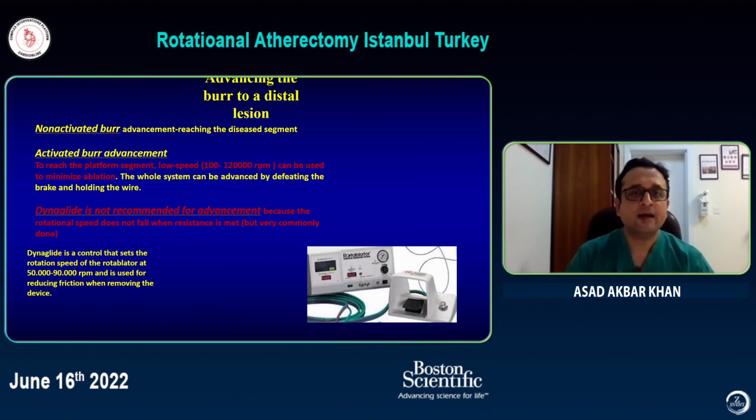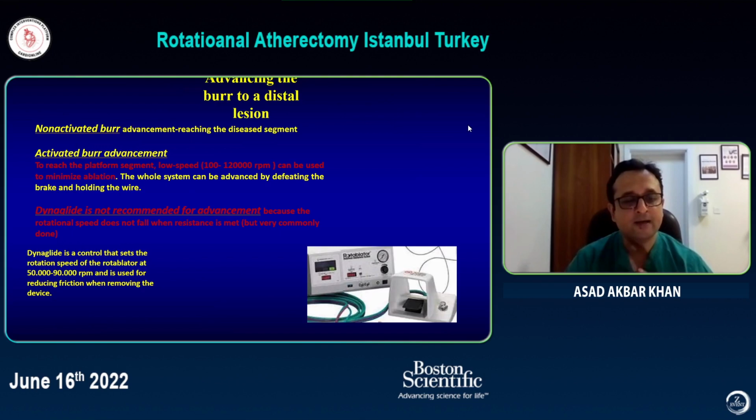In terms of getting the burr to a distal lesion, there's a certain length of the shaft that you can burr, so you cannot always start burring from inside the catheter into the vessel. Sometimes you have to go real deep. So a lot of us use Dynaglide to take the rotabur to the distal segment.